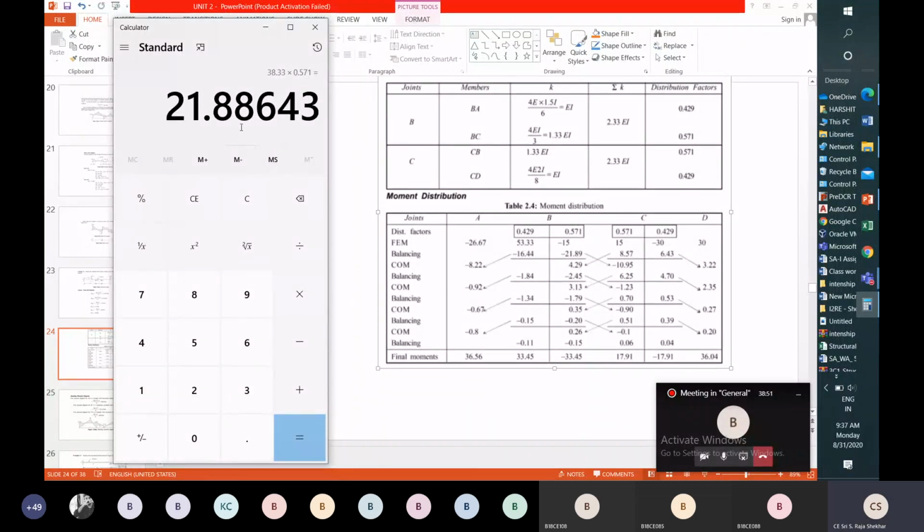It is 21.886 something, I have written this as 21.89. So with a negative sign we have to add for the member BC. So the unbalanced moment is here.